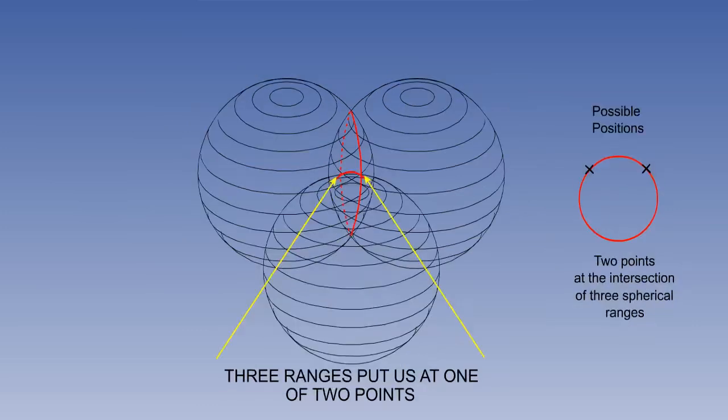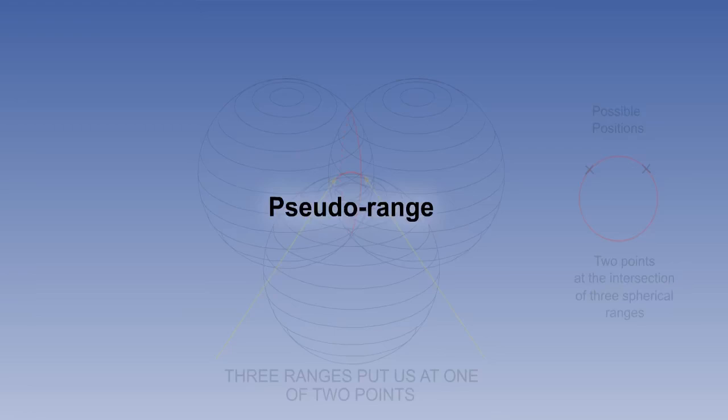A third range sphere will produce 2 possible positions for the receiver, one near the Earth and the other out in space, which is obviously not the position of the receiver. So it would be possible to use 3 pseudo-ranges to produce a position. However, a 4th range sphere is needed in order to produce a single position. As we said earlier, the receiver clock is not as accurate as the SV clock. Therefore, it is unlikely to be perfectly synchronized with it.